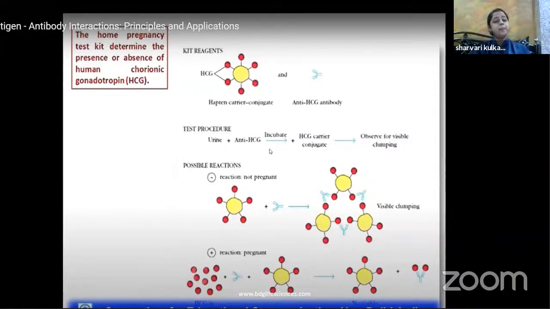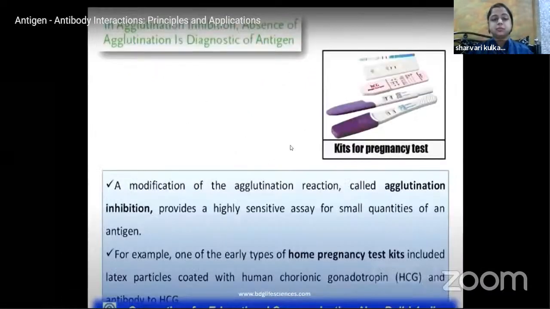So it will not form clumps. And that is how you can detect the pregnancy. If there is visible clumping, the woman is not pregnant. And if there is no clumping, she is pregnant. So these are the pregnancy kits.